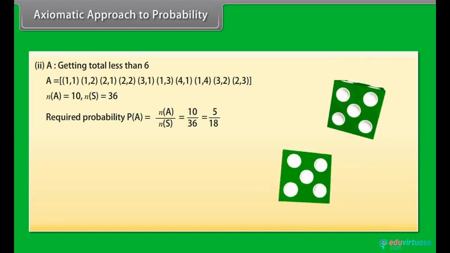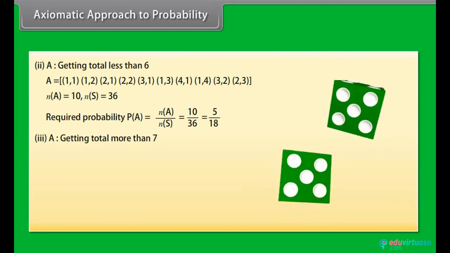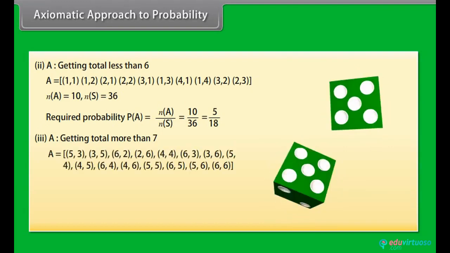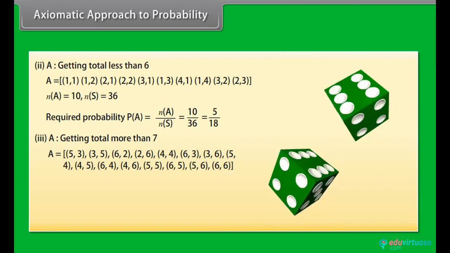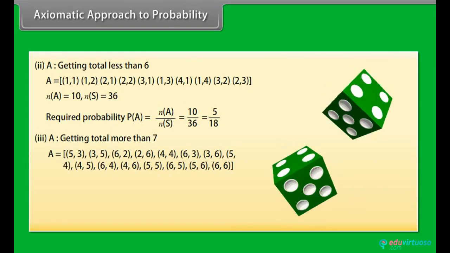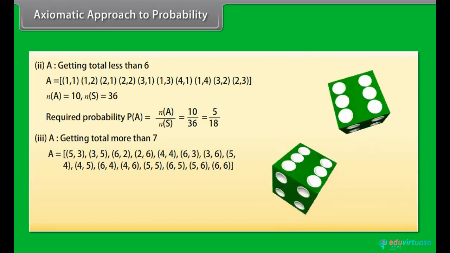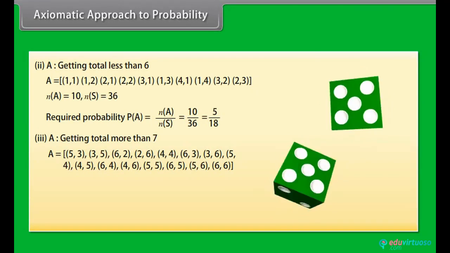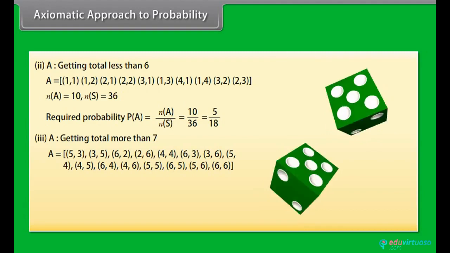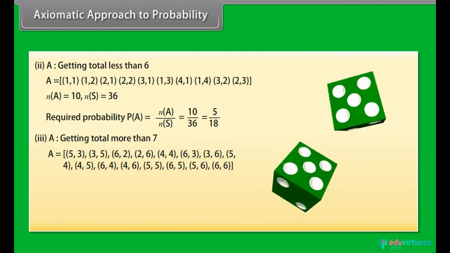3. A. Getting total more than 7. A is equal to 5,3, 3,5, 6,2, 2,6, 4,4, 6,3, 3,6, 5,4, 4,5, 6,4, 4,6, 5,5, 6,5, 5,6, 6,6.